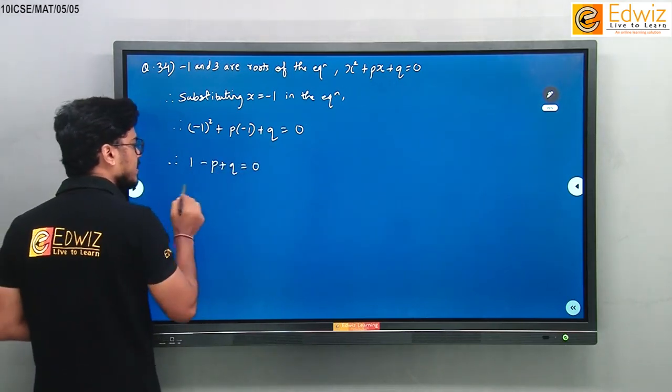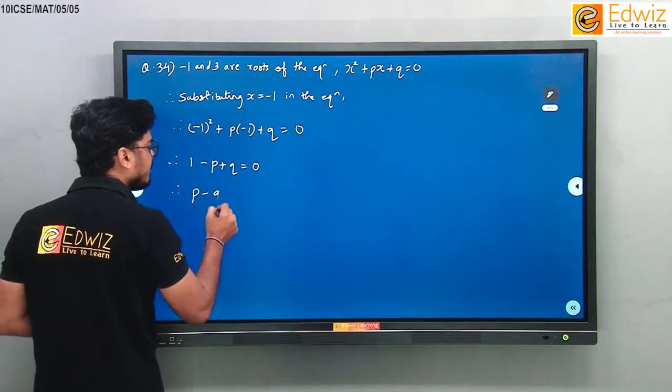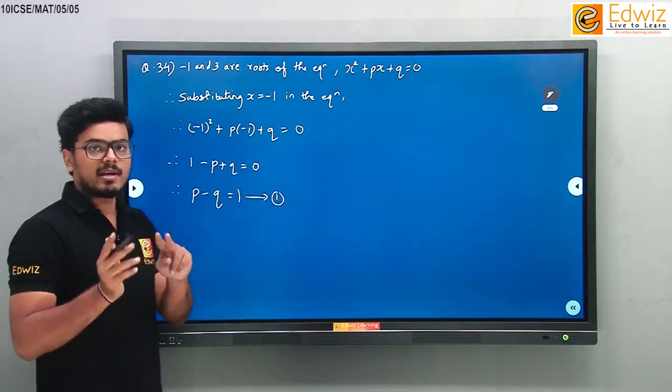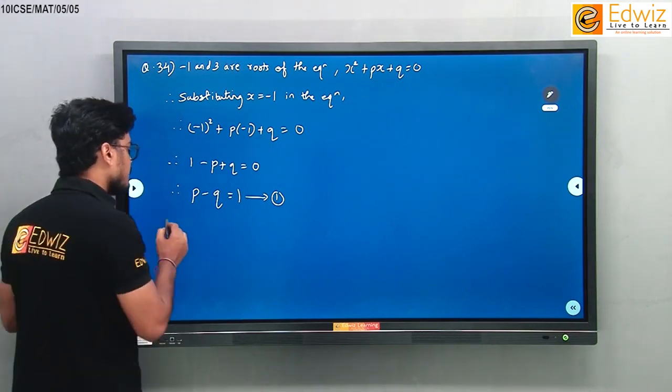Send these two terms on the other side. Your equation is p positive, q negative equal to 1. This is the first equation, correct? We are going to find two equations and then solve them using the simultaneous equations method.